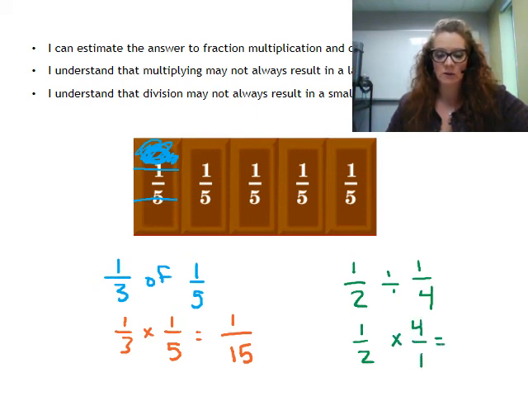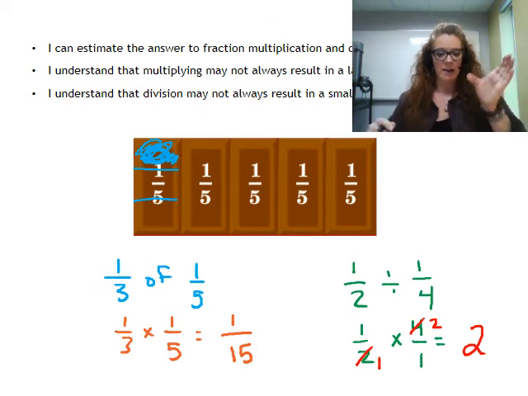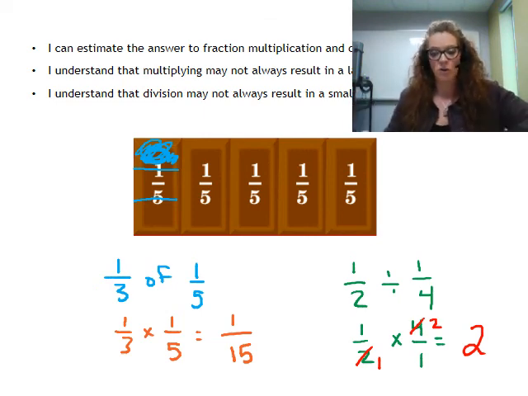Okay, so I can reduce top and bottom here. I see a relationship. Divide by 2 is 2, divide by 2 is 1. I end up with 2/1, which is 2. So if I'm going to take a half of the chocolate bar and split that up into even pieces of 4, that means I have a half and a half and a half and a half. Essentially 2 whole chocolate bars.